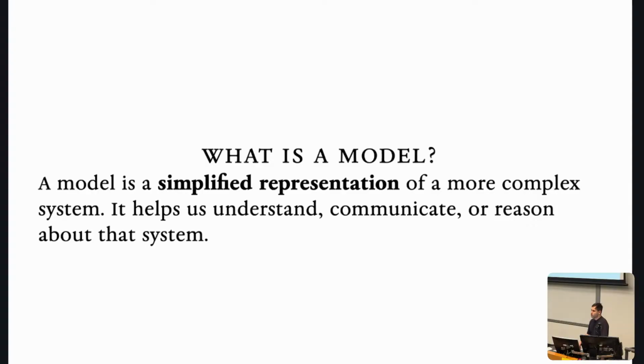So what is a model in the very broad sense? It's a simplified representation of a complex system. So if it's not simplified, it's not really a model, it's just the system, right? So if you think about trying to do contact tracing in COVID, we modeled, for example, human movement.